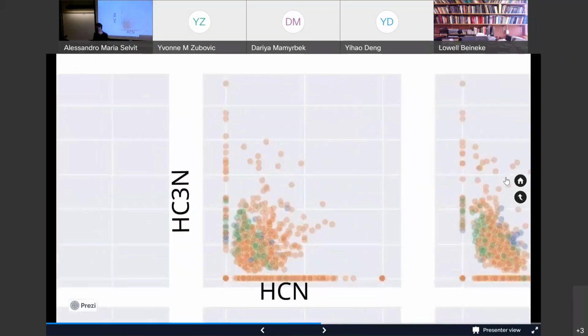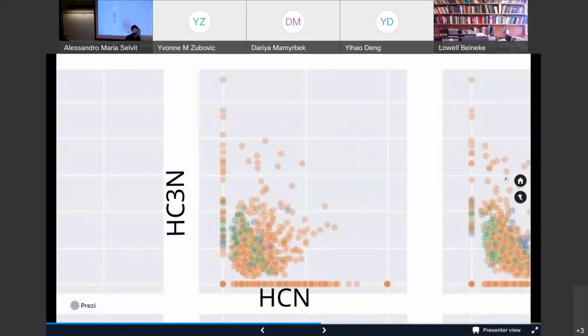That is, I can take HCN and HC3N and measure the line strengths for a single source. I can plot its HC3N line strength against its HCN line strength. That gets me a single dot here. I shade the dot according to whether it's orange, not bubble associated, rim is green, and blue is interior.